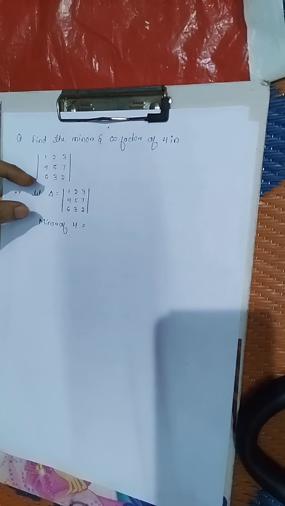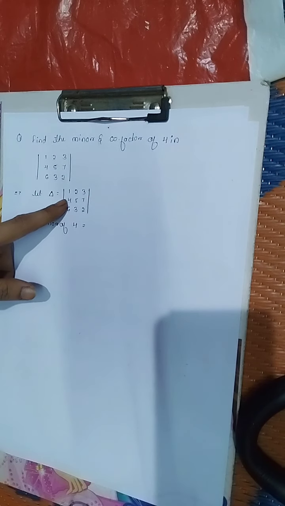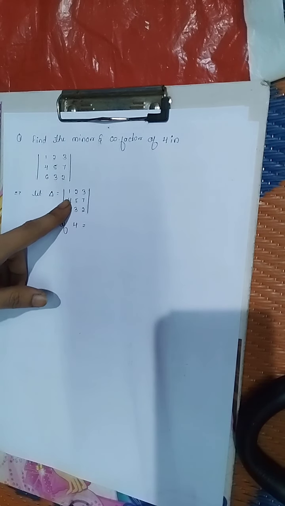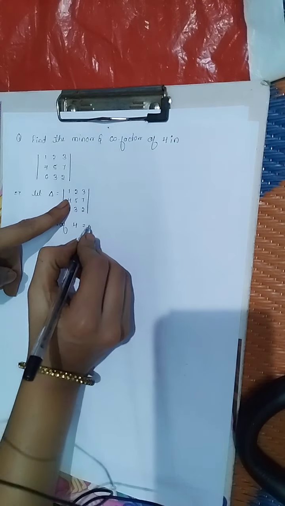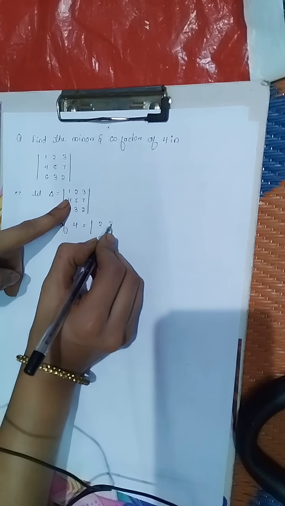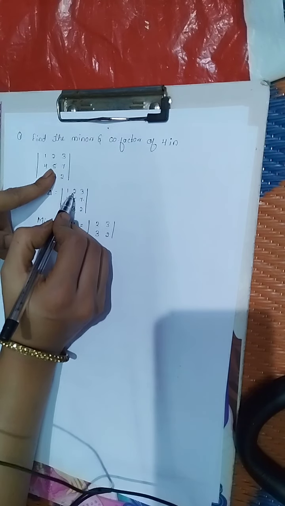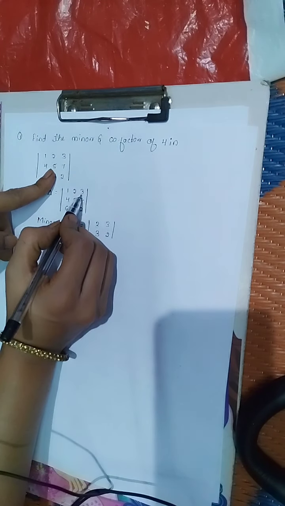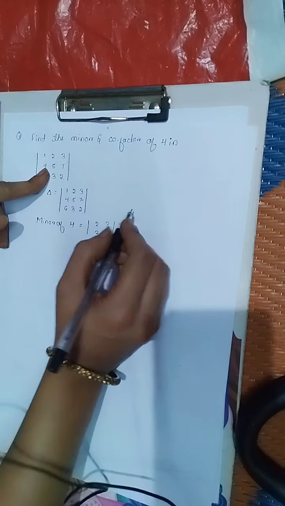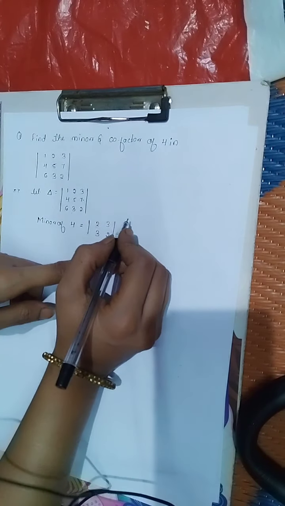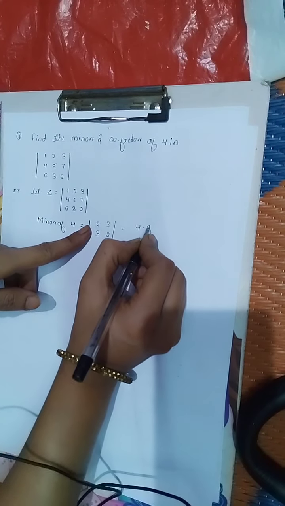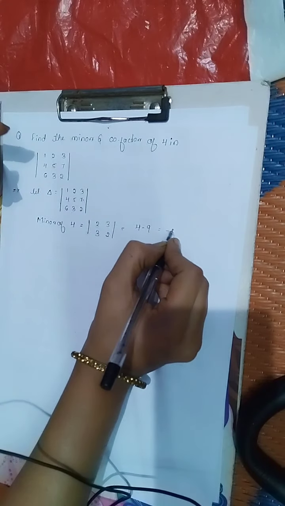The element 4 occurs in the second row, first column, so we leave the second row and first column. The remaining elements are 2, 3, 3, 2. Cross multiplying, we get 4 minus 9, which is equal to minus 5.